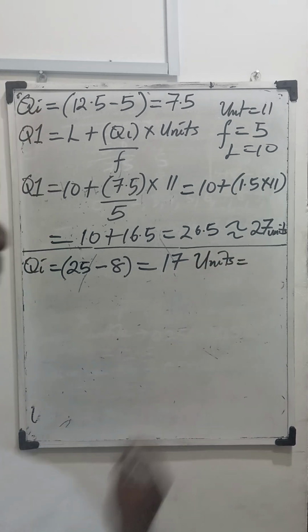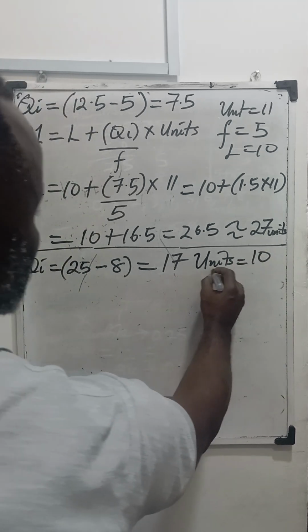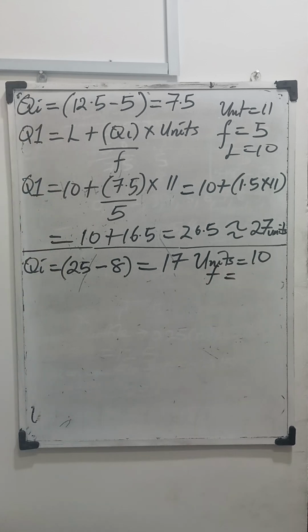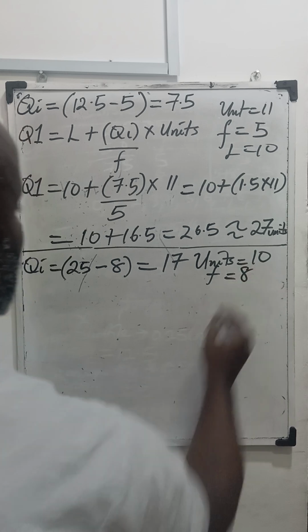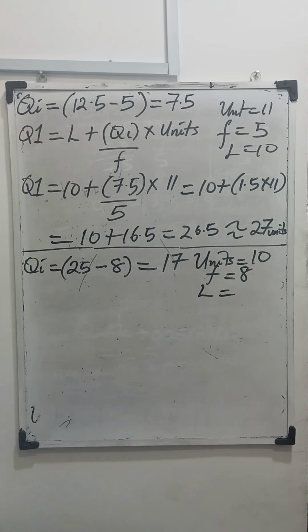For the second value on the class interval, if you count from 11 to 20, it is 10. The unit is 10. So what is the frequency? The frequency is 8. All right. So then what is the value of L?